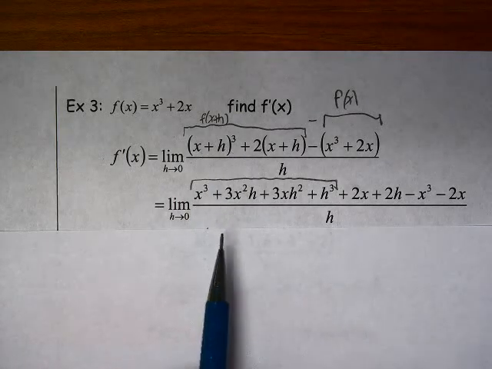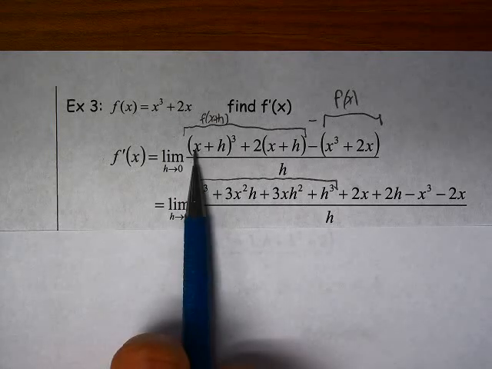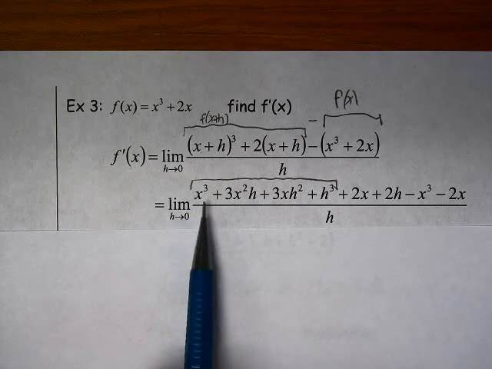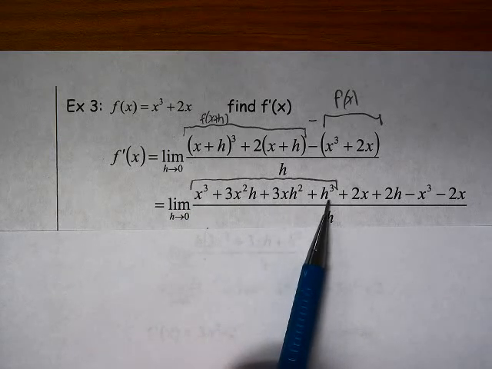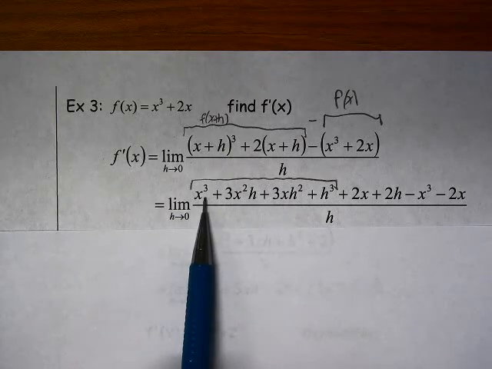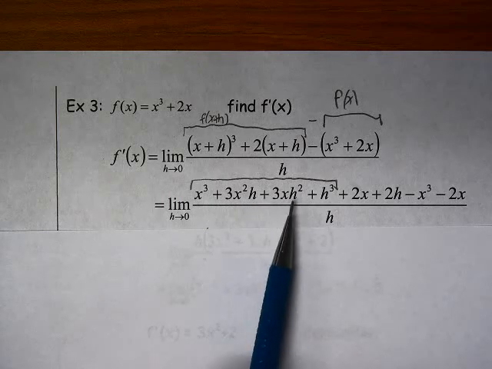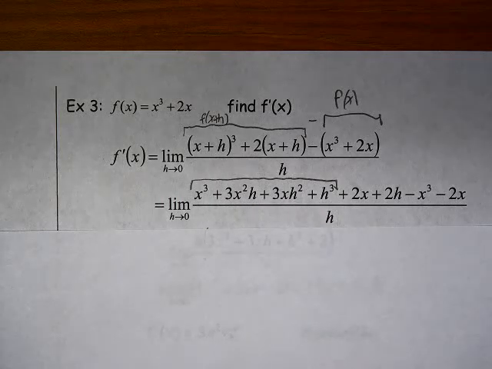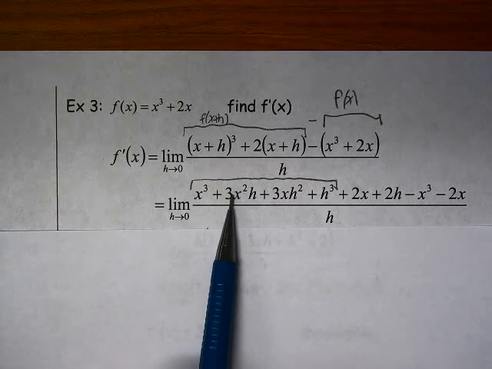So just think that the coefficients are 1, 3, 3, 1. The first term in that binomial goes cubed, squared, to the first power, nothing there. The second term in the binomial, there isn't one in the first term, but then it goes h, h squared, h cubed. Alright, so that's the pattern when we expand a binomial, when we cube a binomial.